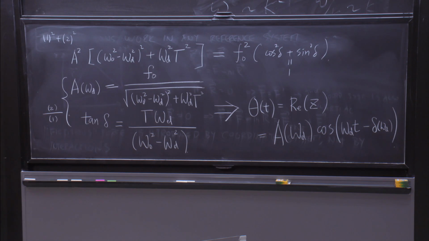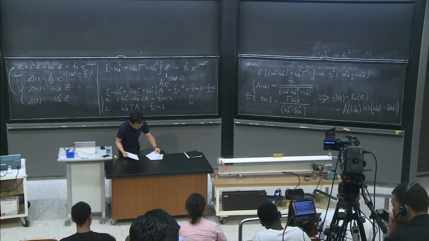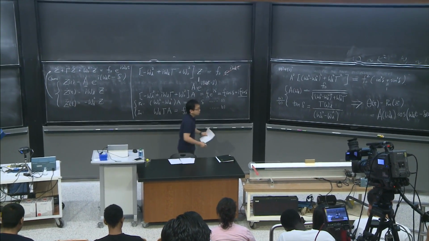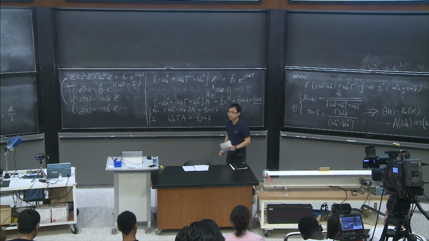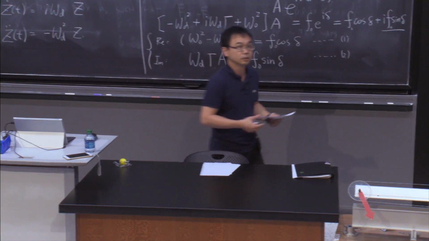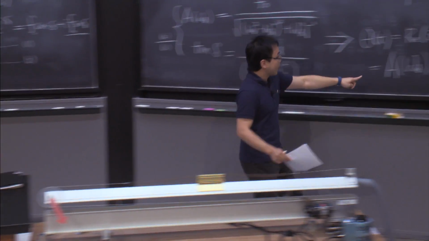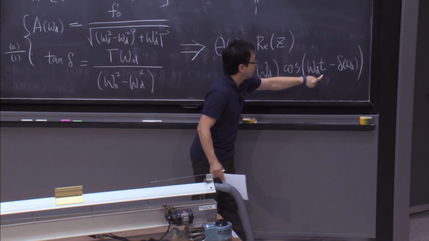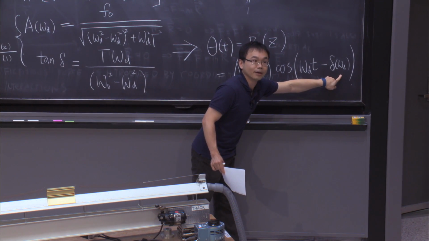So we have done this exercise, and the first thing we see here is that there's no free parameter in this solution. A is decided by omega d, and delta is also decided by omega d.